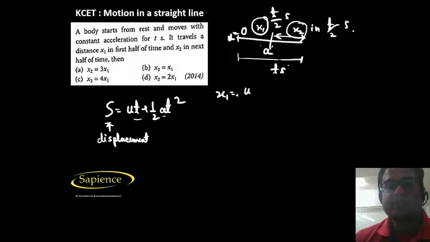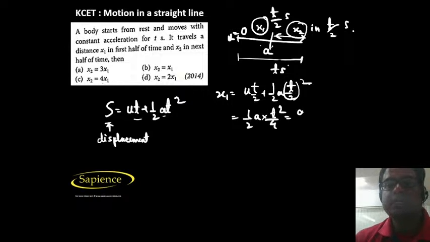So x1 is u into t by 2 plus half a into (t by 2) whole square. Since u is 0, it is half a into t square by 4, that is at square by 8.